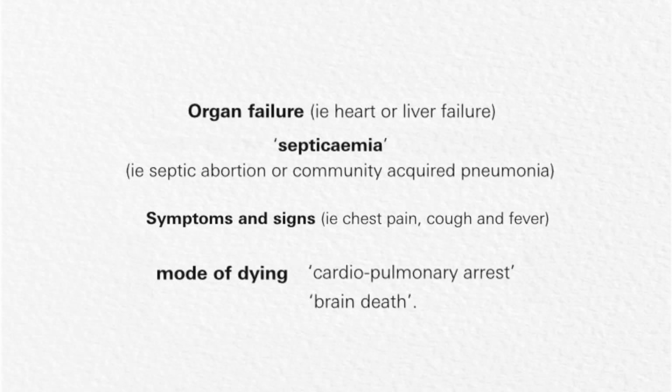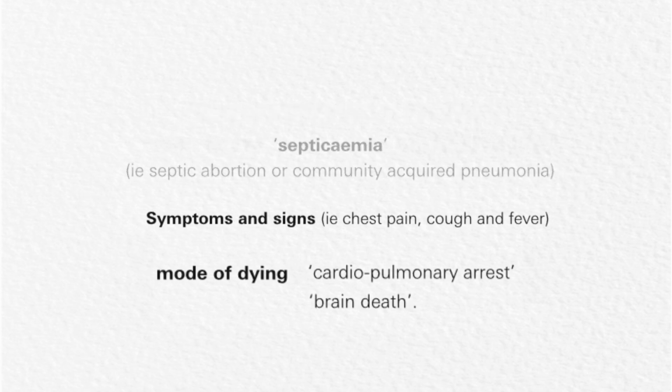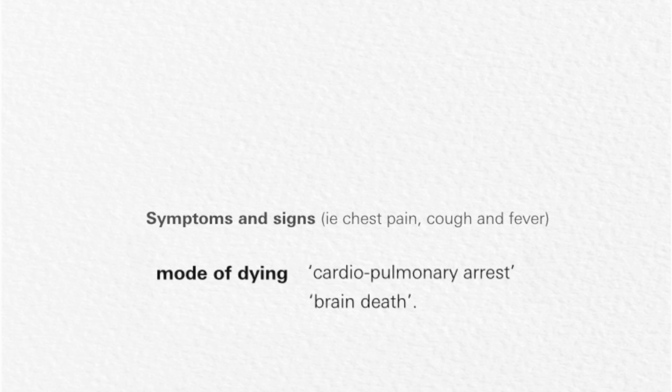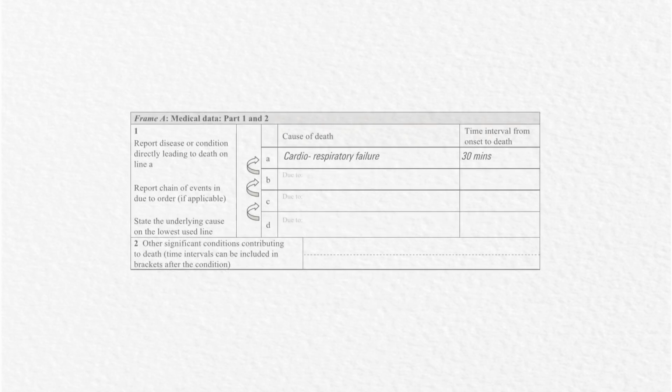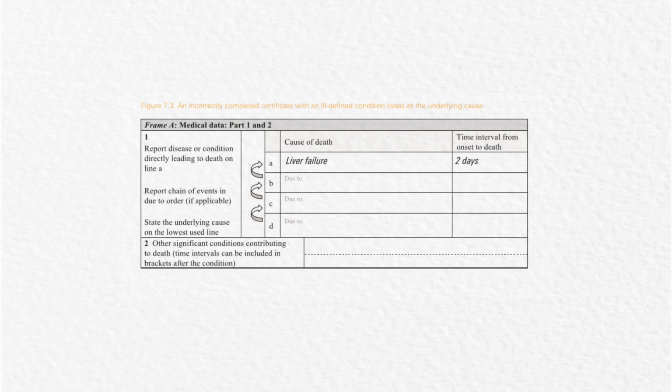These should be avoided being listed. Number 4. Mode of dying, like cardiopulmonary arrest or brain death. Now let's look at a wrong example where cardiorespiratory failure has been included as the cause of death. Also examples of signs and symptoms being listed as cause of death here: chest pain, and also liver failure.